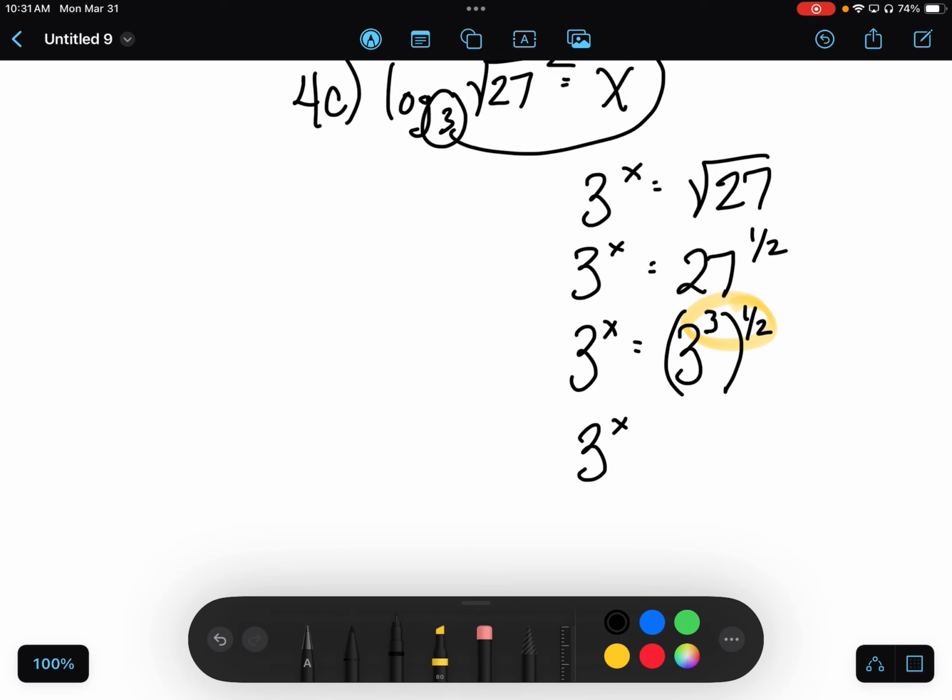What's 3 times 1/2? Yes, 3/2, good job. Then if the bases are the same, then the exponents are the same, so what is it? x equals 3/2, 1.5, 1 1/2, your call.